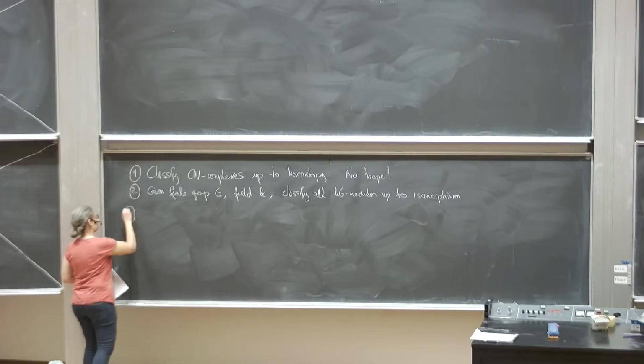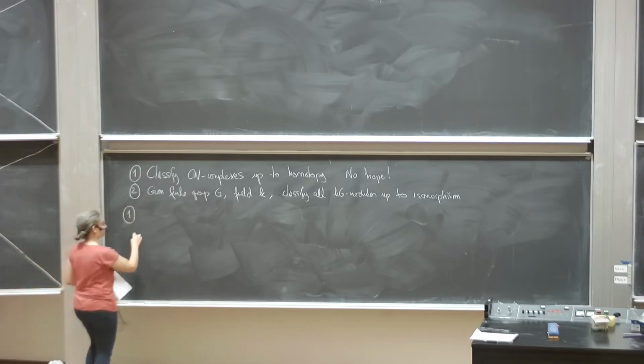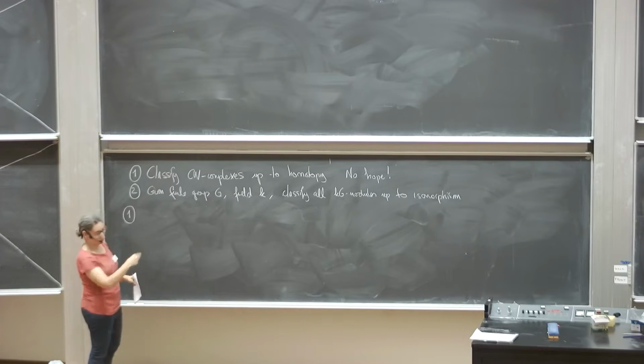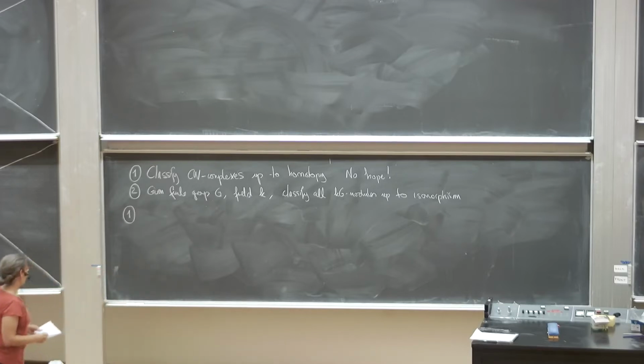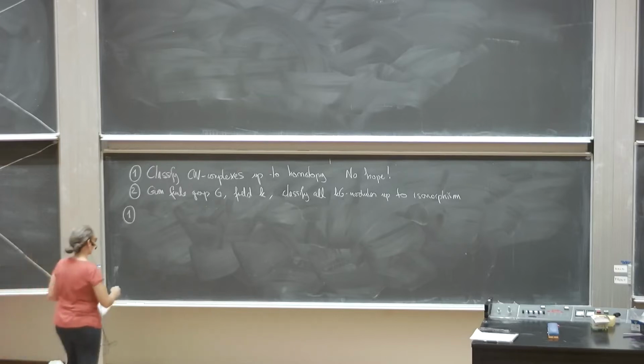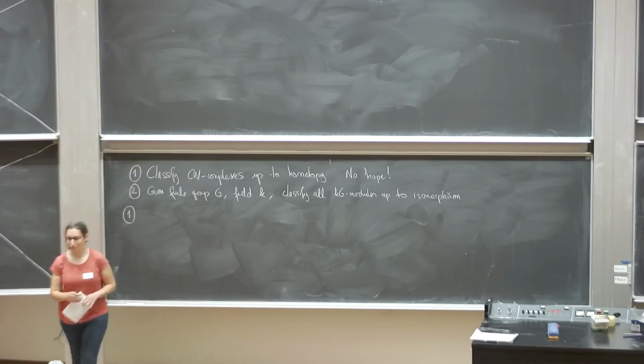So the first one. I'm going to talk about some work of Hopkins and Smith, which has already been mentioned in the previous lecture. But for this, I need to introduce what's the stable homotopy category, what's a spectra.